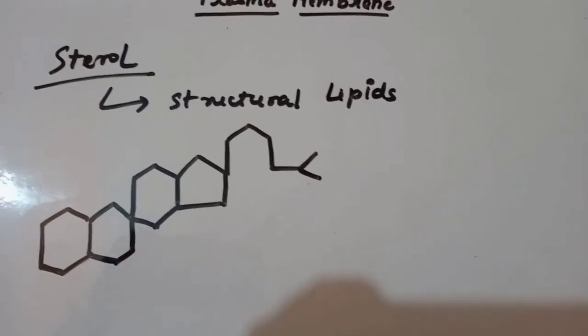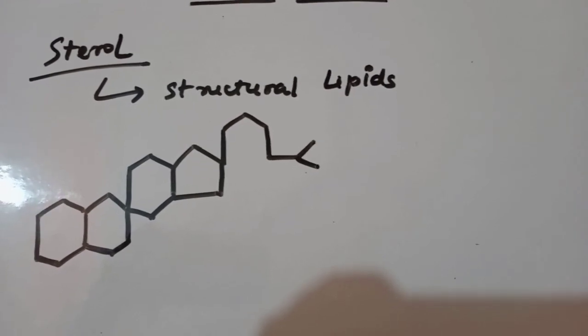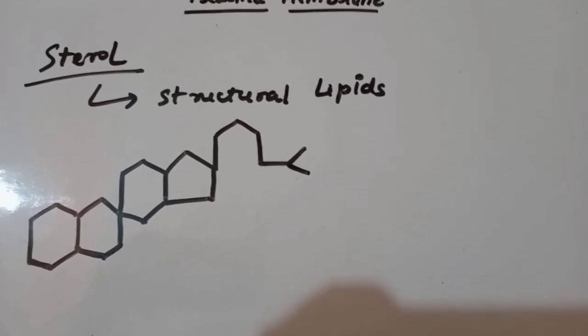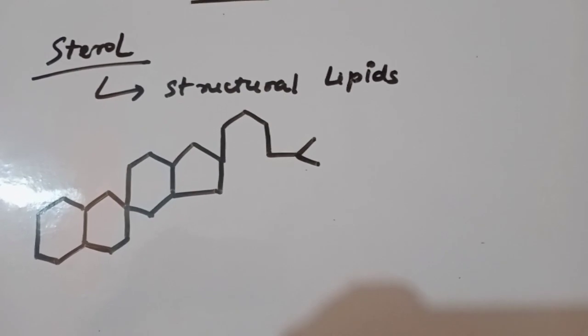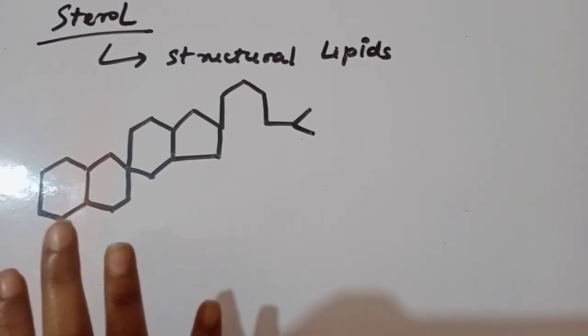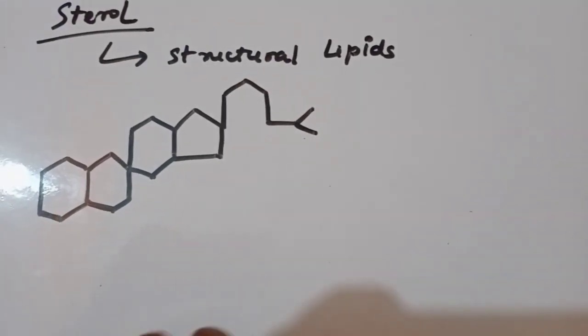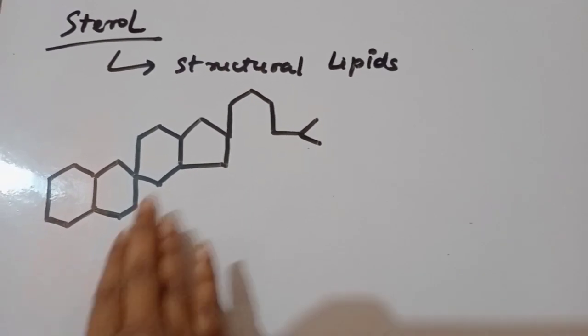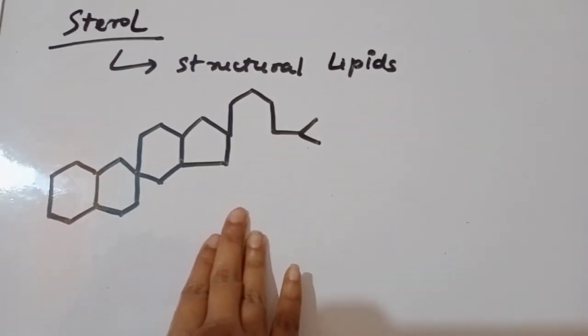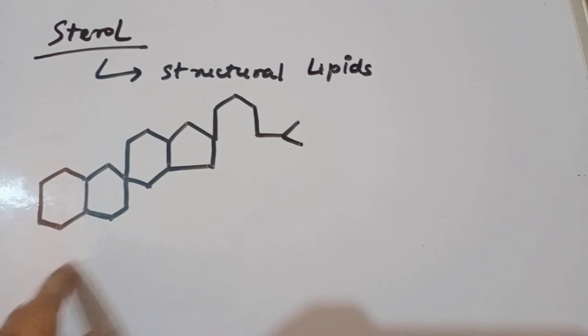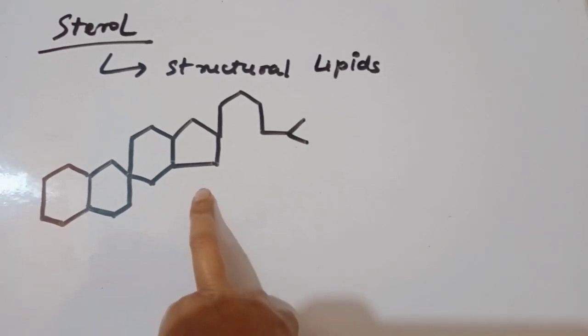Now sterol. What is sterol? Sterol is a structural lipid which is also present in the plasma membrane. The basic structure of sterol is a steroid nucleus consisting of four fused rings, 3 with 6 carbons and 1 with 5.